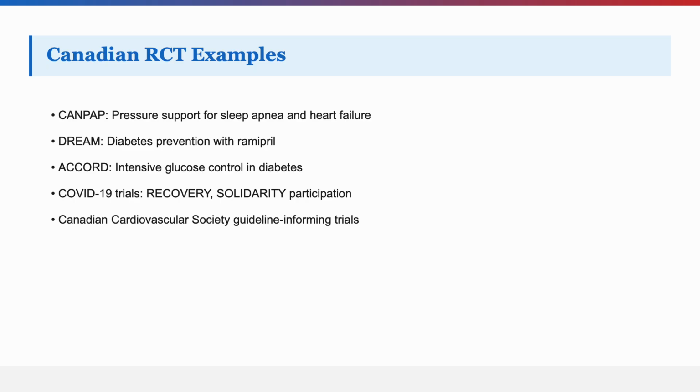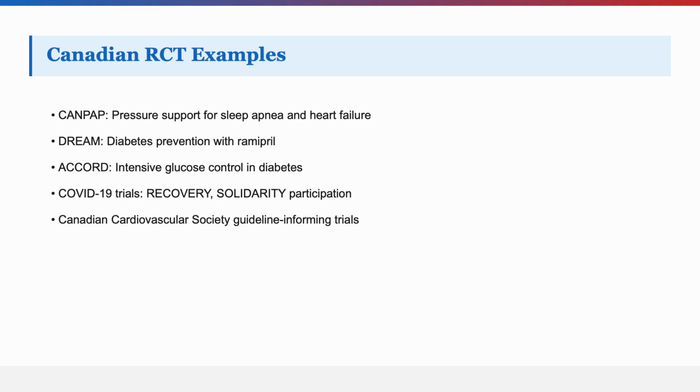Canadian centres participated in major international trials like ACCORD, testing intensive glucose control in type 2 diabetes, with important findings about risks of hypoglycemia. During COVID-19, Canada participated in recovery and solidarity trials that identified effective treatments like dexamethasone and showed ineffective treatments like hydroxychloroquine.